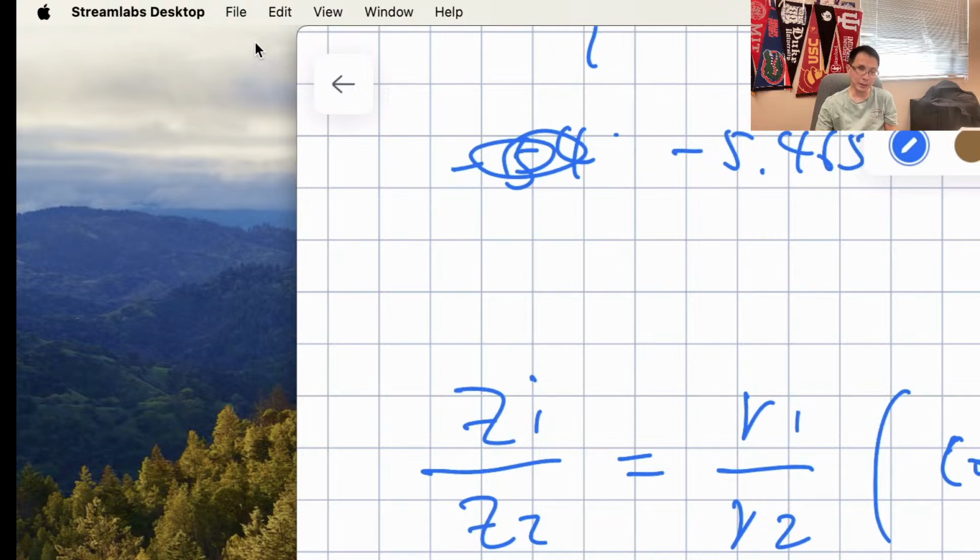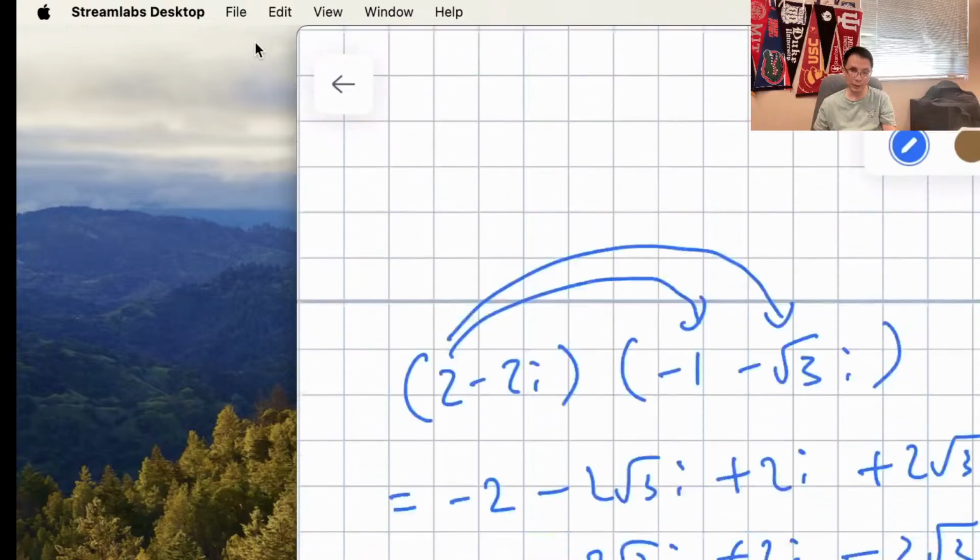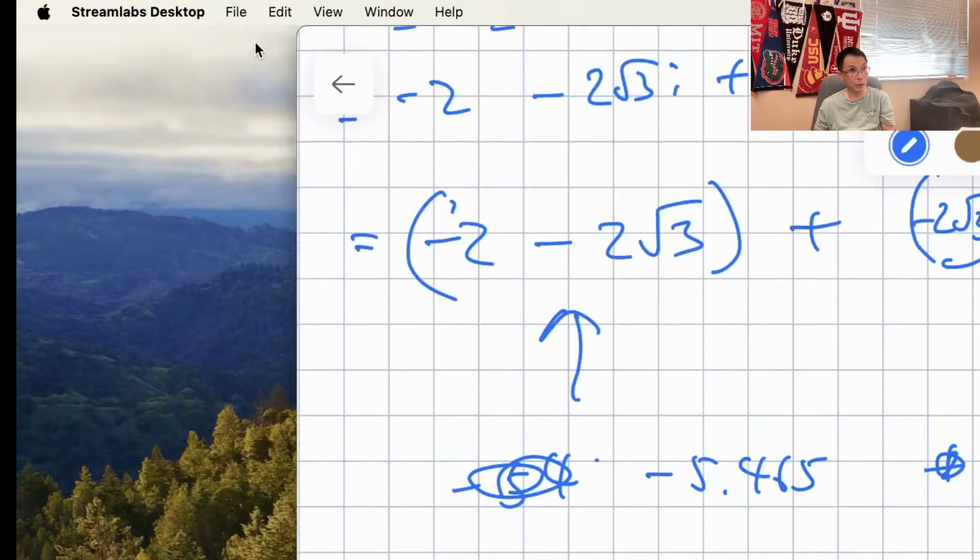You're probably not going to see too many questions like this, but on the AP exam you can understand that in polar form you can divide numbers and subtract the angles, and it will come out the same. If you do this all over again with division, you'll get the exact same number as before. So what is the point of doing this?